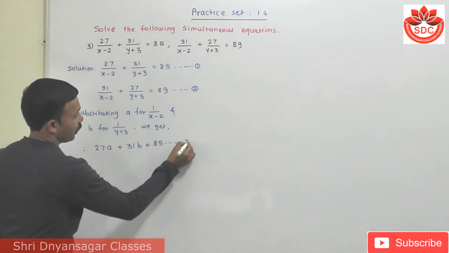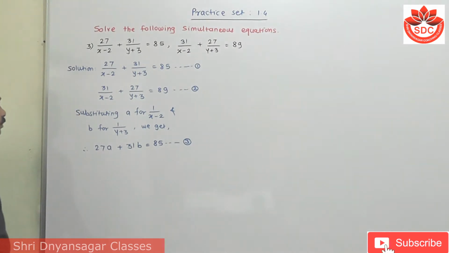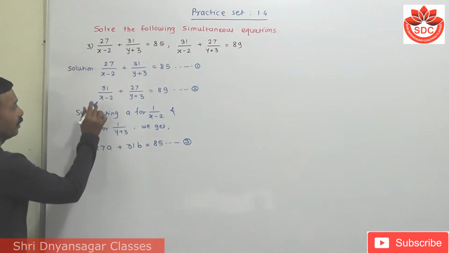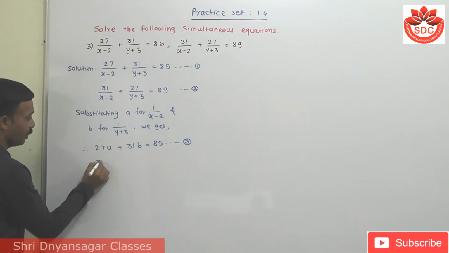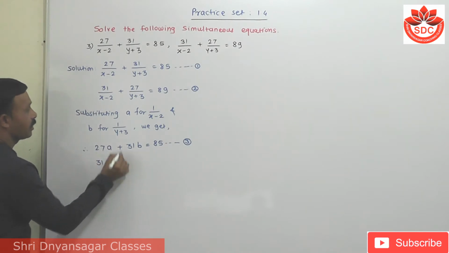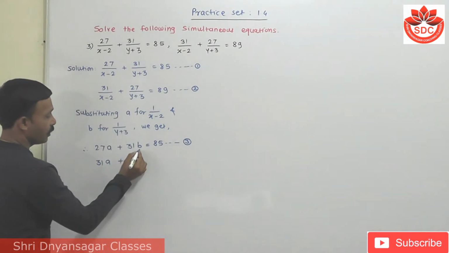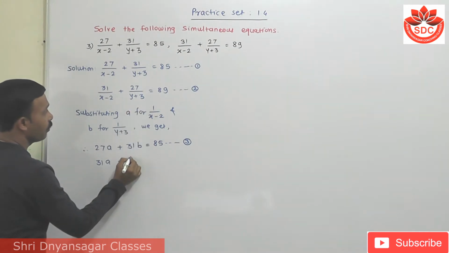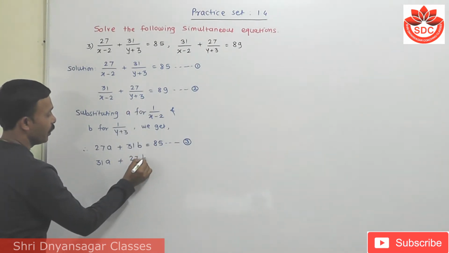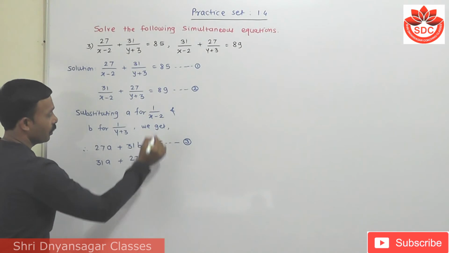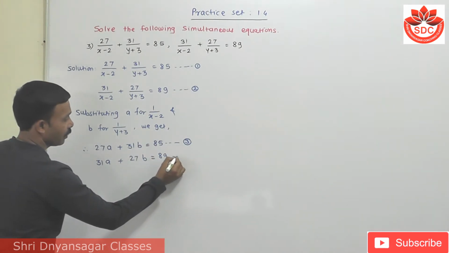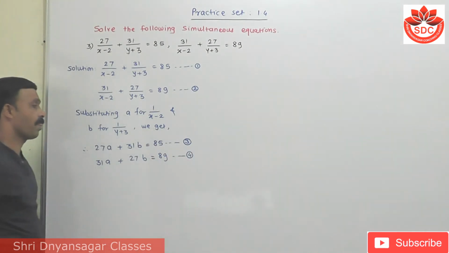This is equation number 3. Then when we substitute here, 31a plus 27b, where 1 upon y plus 3 is b, is equal to 89. This is equation number 4.